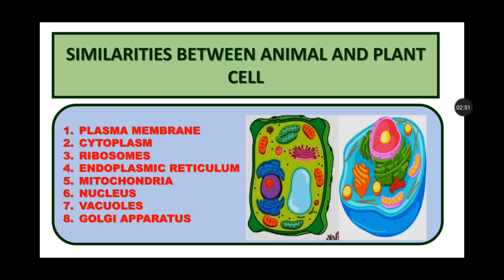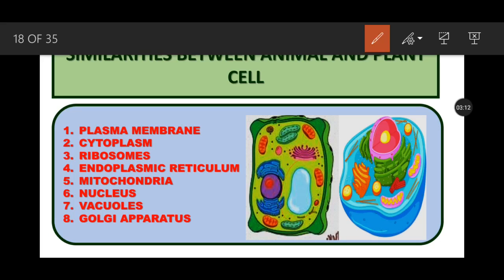Within the nucleus they have the chromosomes and the nucleolus, which is a darker colored body responsible for the synthesis of ribosomal RNA. Both have vacuoles, but the difference is that plant cells have a large central vacuole and animal cells have many small vacuoles. Then both have the Golgi apparatus. So these are the similarities.